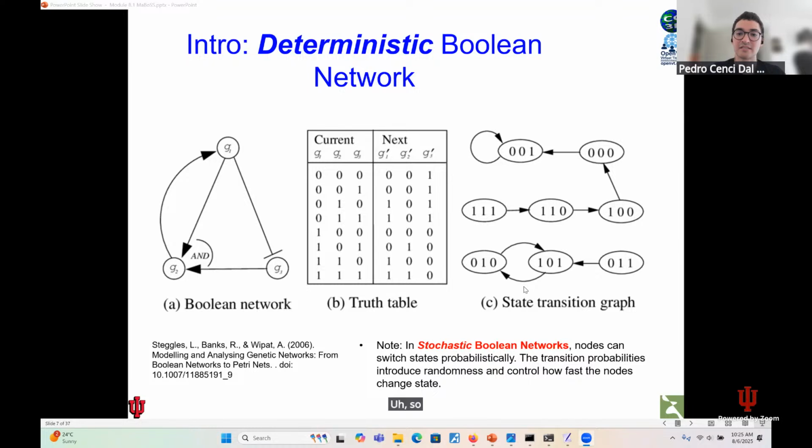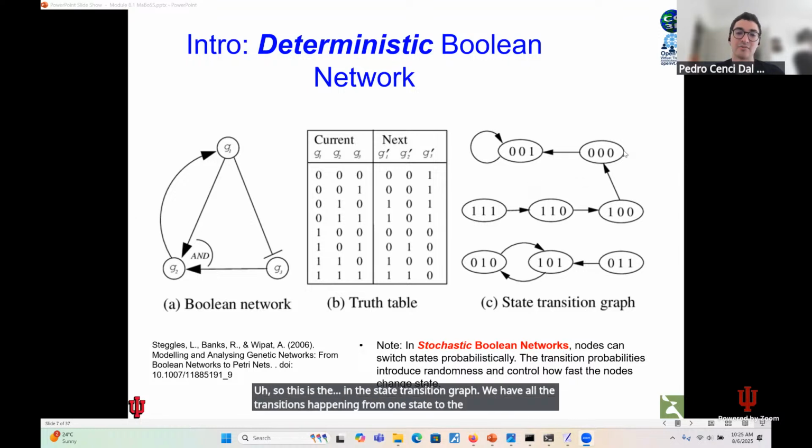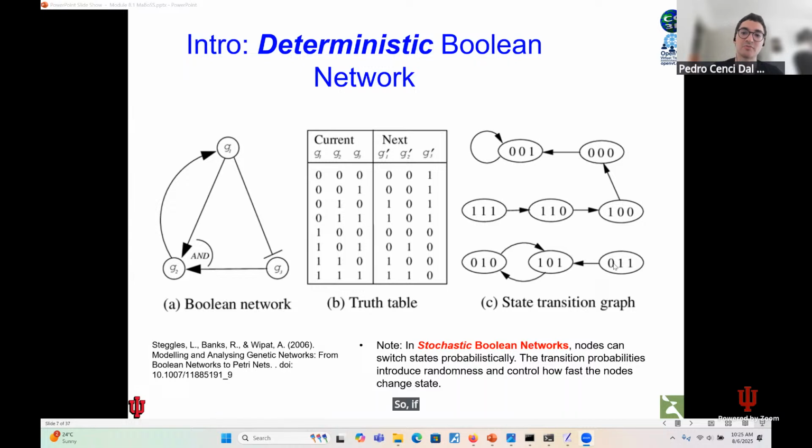So this is this in the state transition graph. We have all the transitions happening from one state to the other, and we can see that we have a cycle. So if we start with 0, 1, 1, we get into a cycle, and the network keeps oscillating between two states.